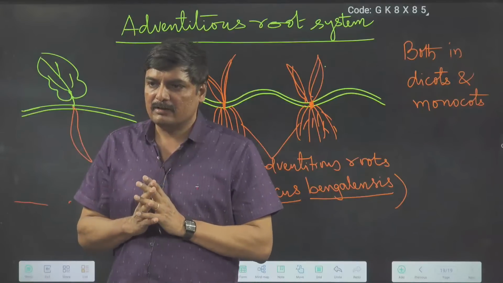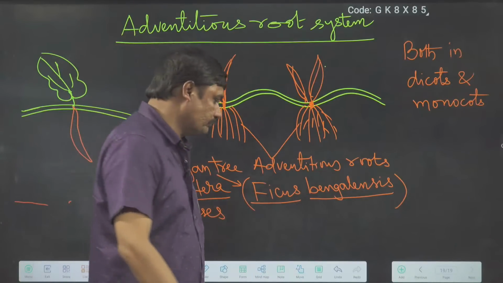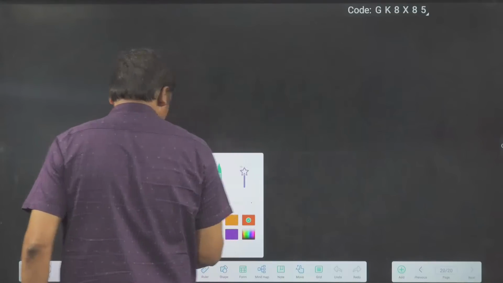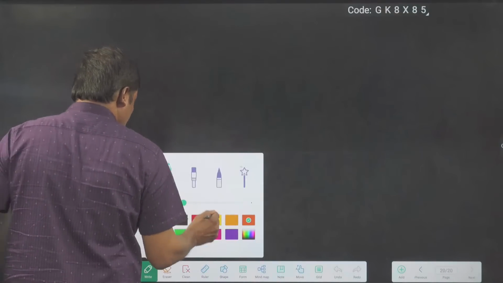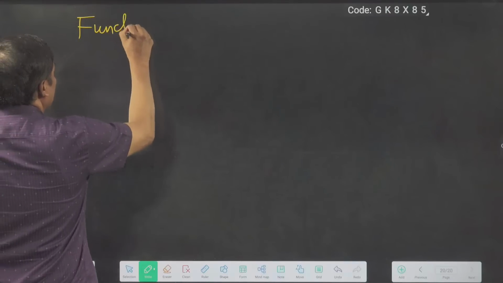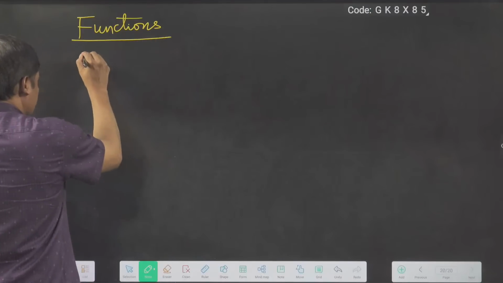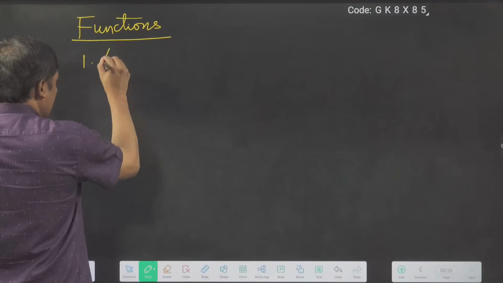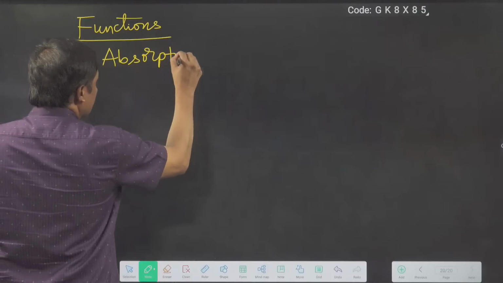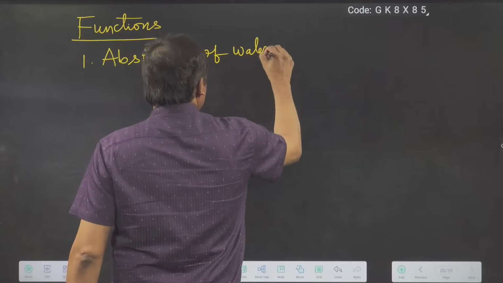And finally, we will discuss about the functions of the root system. Okay. What are the functions of the root system? First one, it helps in absorption of water and minerals.